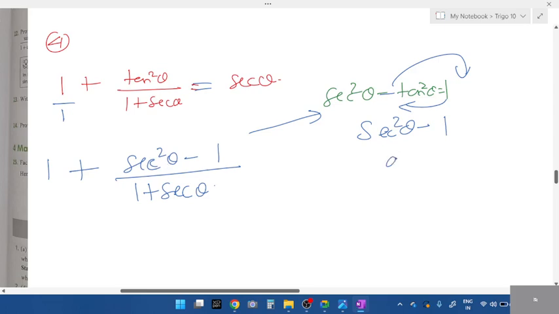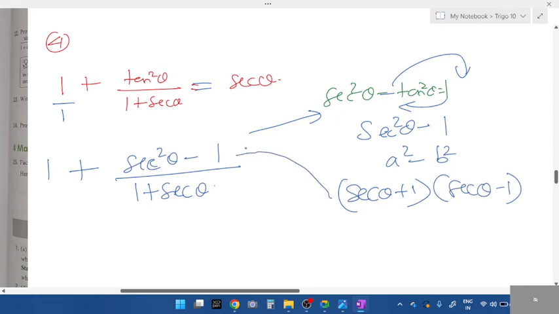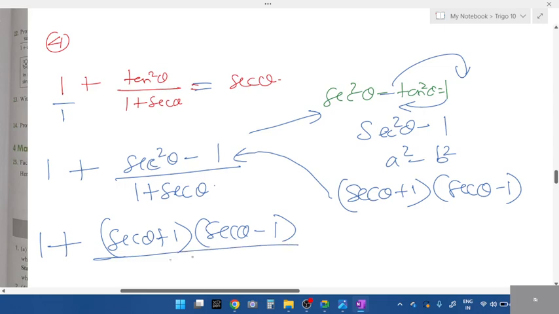How does it look like, students? A square minus b square. What is a square minus b square? A plus b into what? Can I write this here in place of this? 1 plus sec theta into sec theta minus 1 divided by 1 plus sec theta.